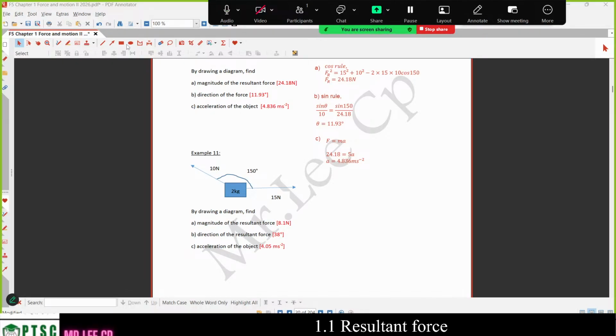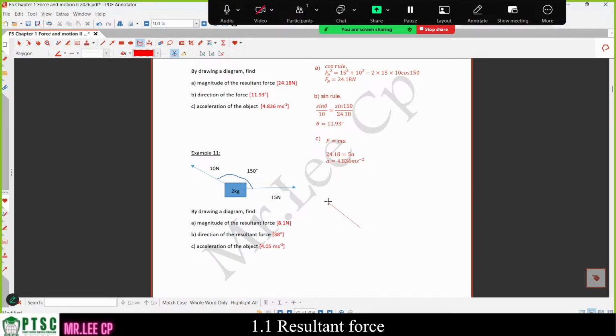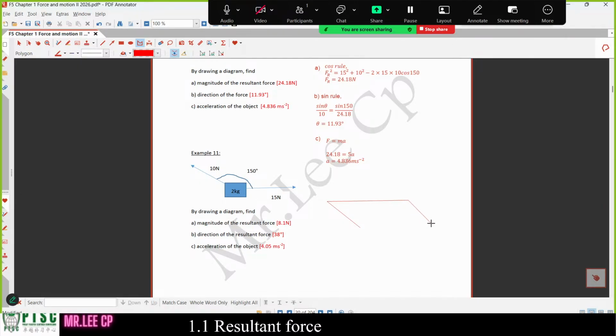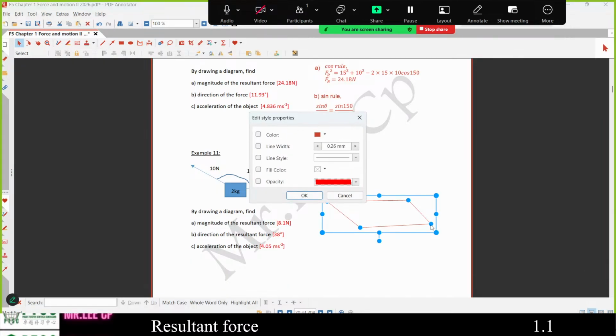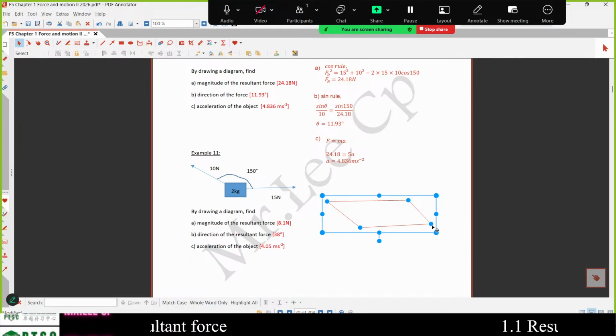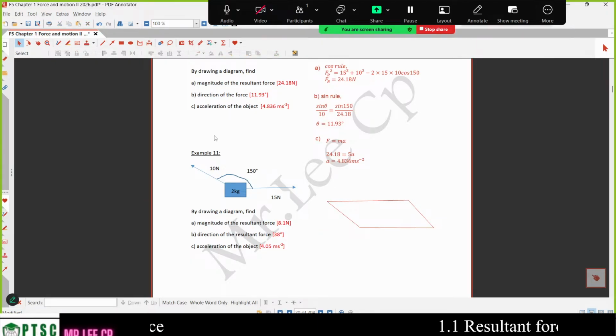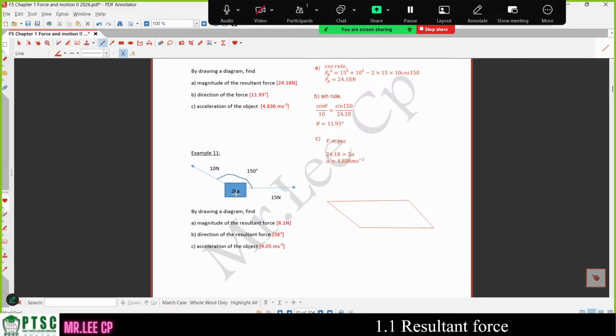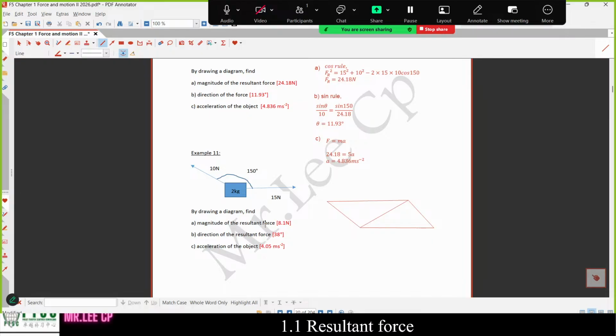So I draw it directly here. The resultant force will be from where you start to where you end.